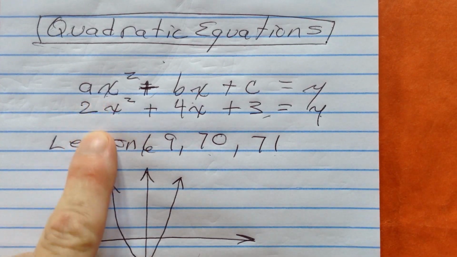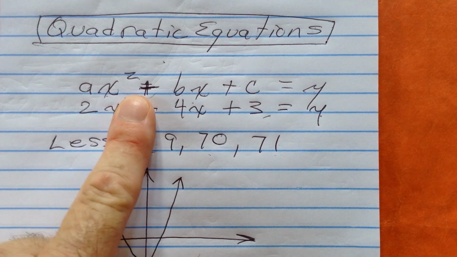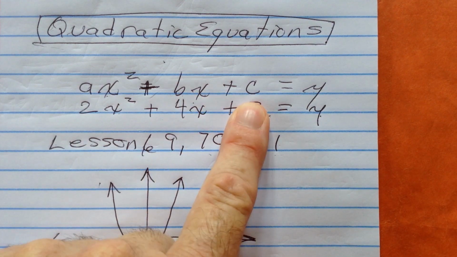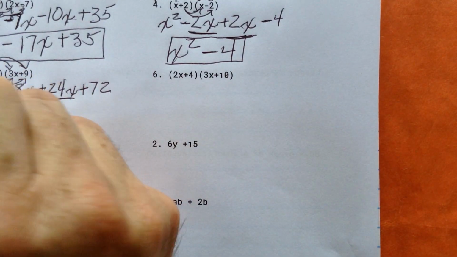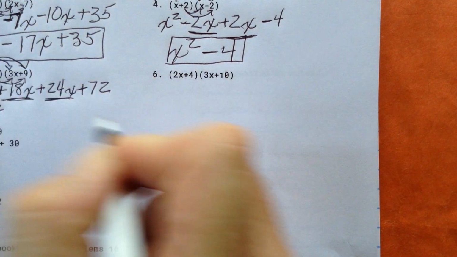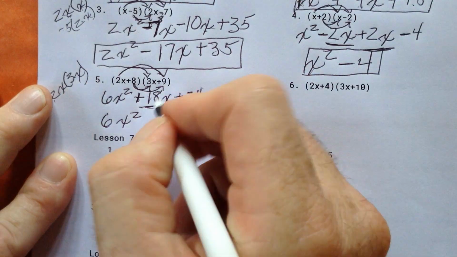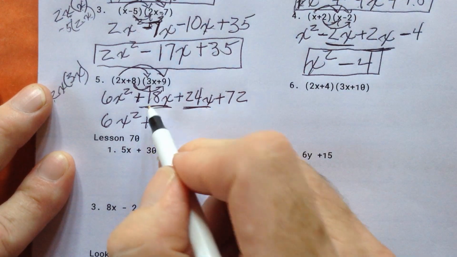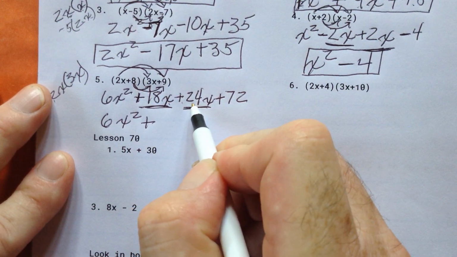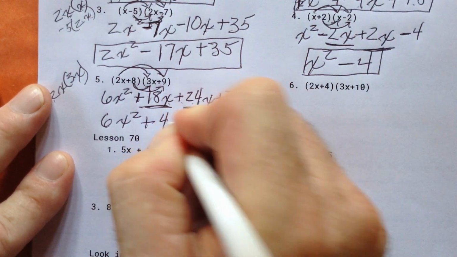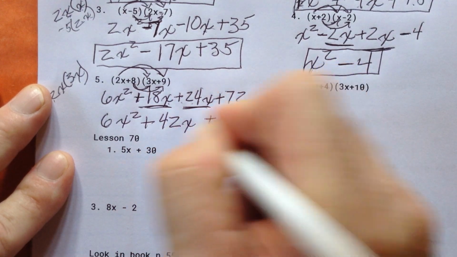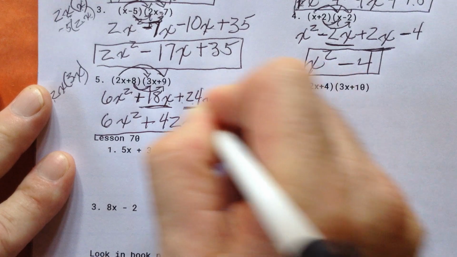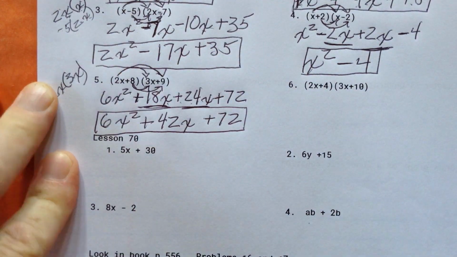The answer will usually be the x squared first, plus the x, plus then the number. So I'm going to keep that pattern: 6x squared plus 18x plus 24x, so that'll be 42x plus 72. And that will be the answer to number 5.